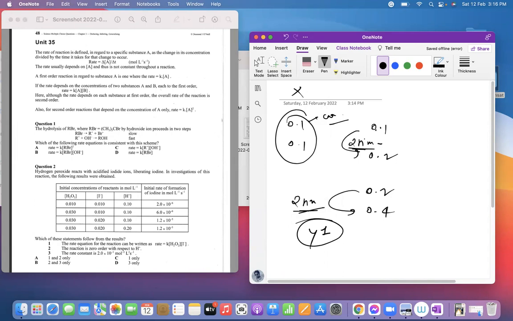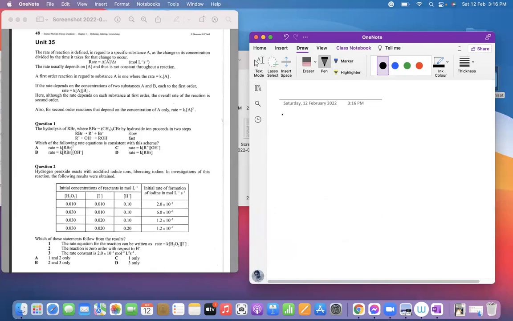The rate equation for the reaction can be written as rate is equal to k[H2O2]^1. Then it is talking about H plus zero order kinetic. Listen, if there is a table here, we have three species, you can see: H2O2, iodide, and H plus.